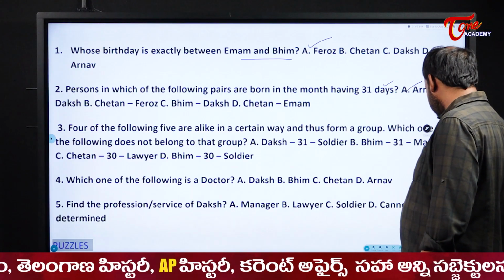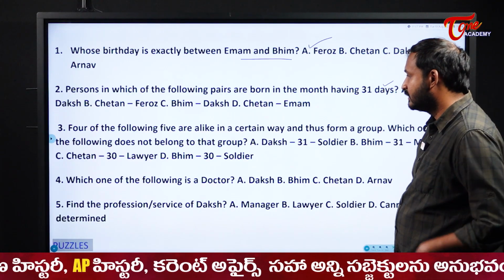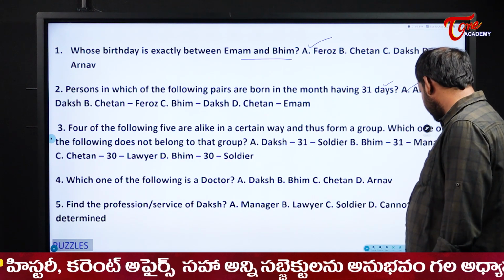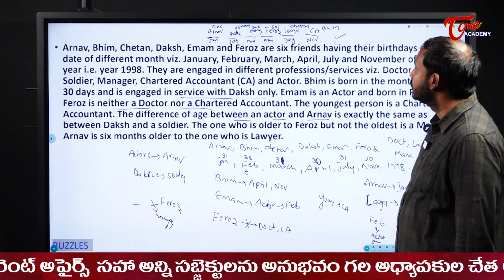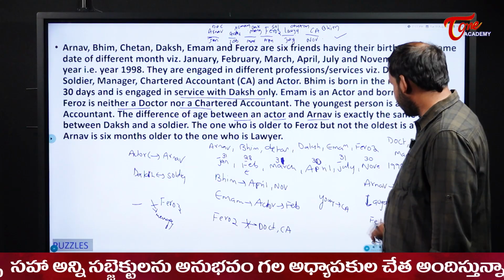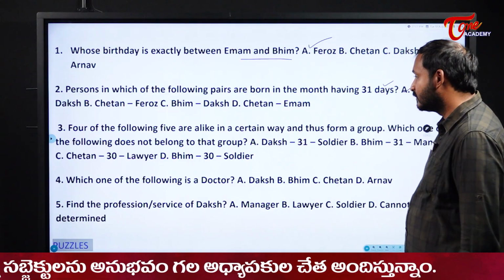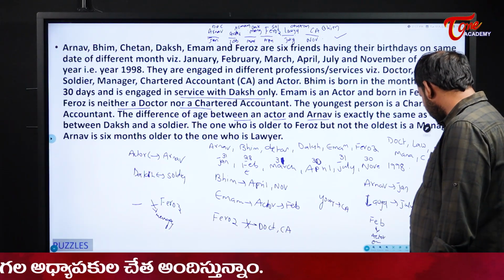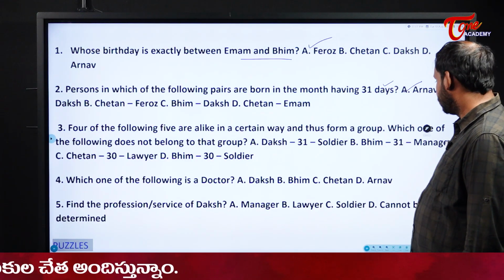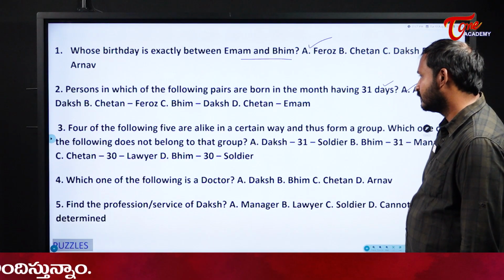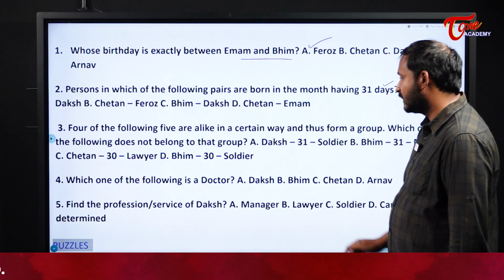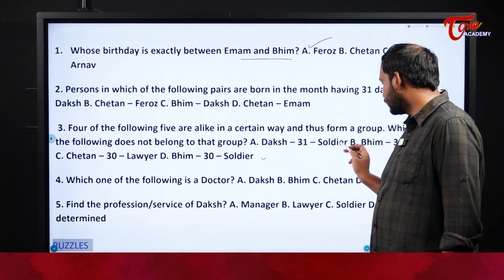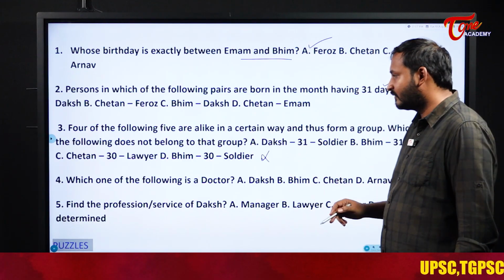That is also not correct. Chetan 30 lawyer. That one is also wrong. Beam 30 soldier. That one is also wrong. Okay, so here the fifth option was not given. Actually, all the pairs are wrong pairs here. The fifth one will be correct.